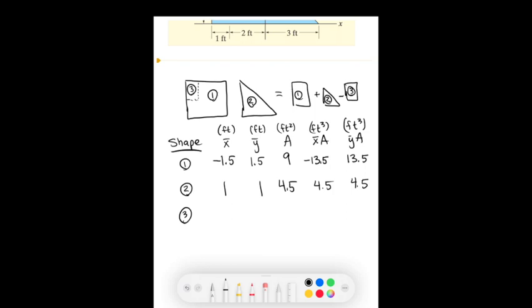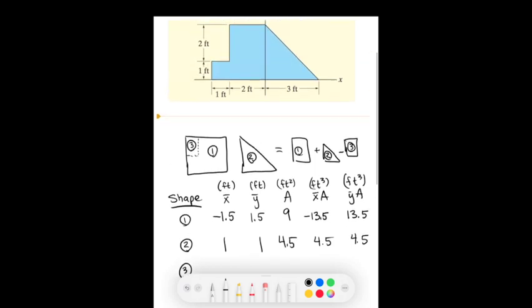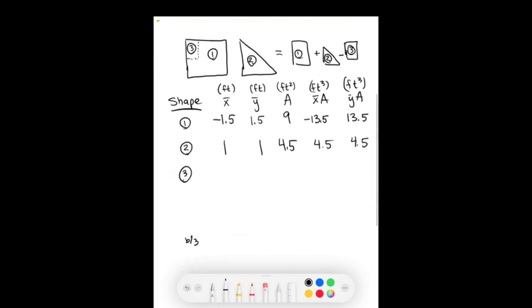Now we need to find the centroid of that negative space, shape number 3. So for the x centroid, we have to go over 2 feet, and the width here is 1 foot, so that means it's negative 2.5.